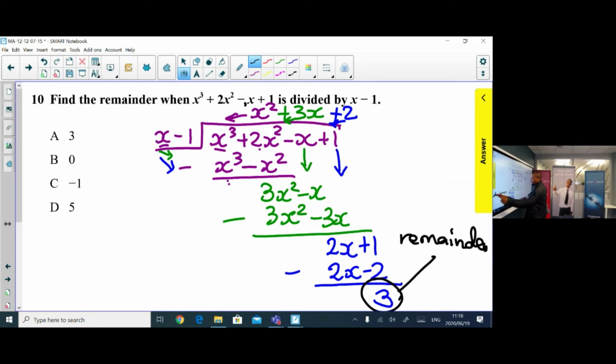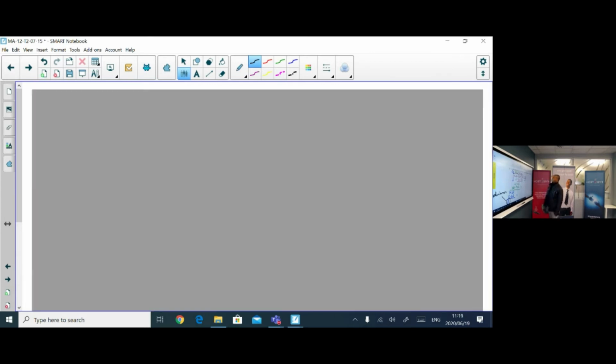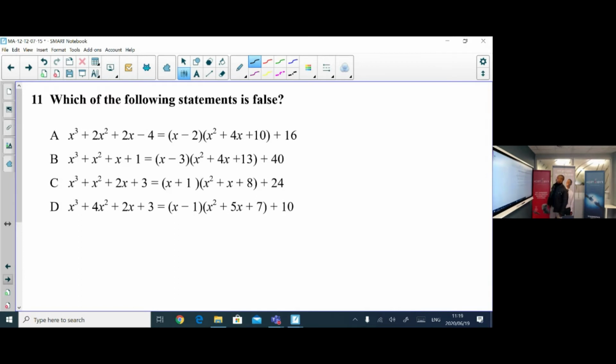Okay. So the number there will be your remainder, and that solves the question with 3, the solution at B. Okay, what if you are asked this question, which of the following statements is false?